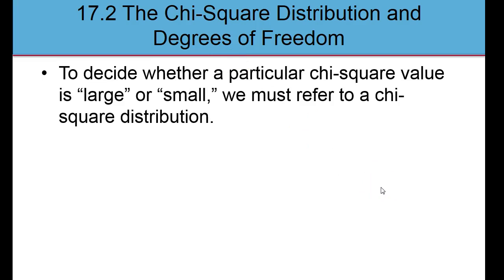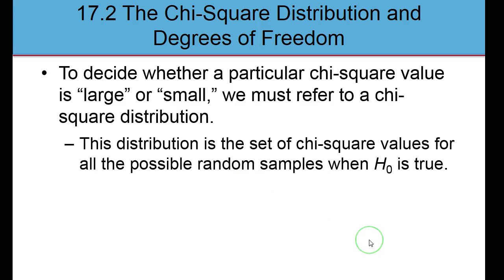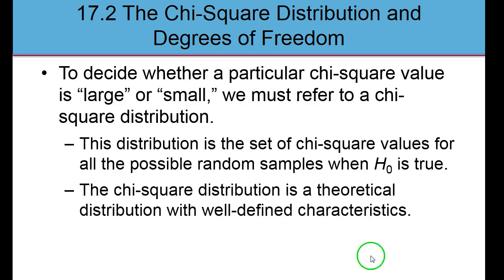For starters, to decide whether a particular chi-square value is large or small, we have to look at the chi-square distribution to determine that. And what we'll find is, like other distributions, we'll see a set of chi-square values for all the possible random samples when the null hypothesis is true.